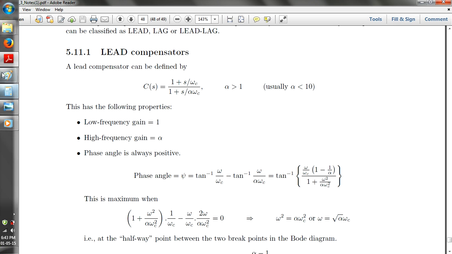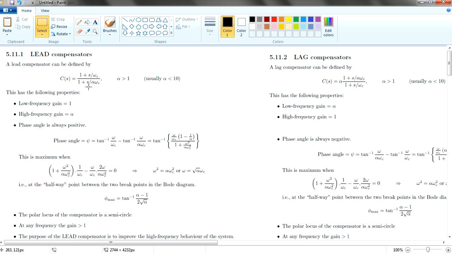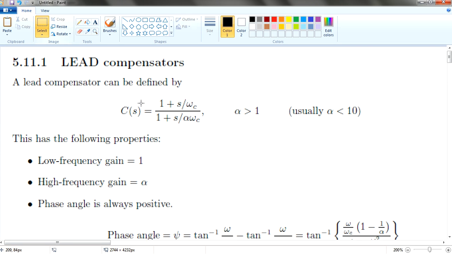So let's jump straight to your lead capacitor. If you remember the lead and lag, the lead is the numerator, so the numerator's value is larger than the denominator's over the overall scale. Let's say your cutoff frequency is 1 plus S, let's say 10, and alpha has to be larger than 1.